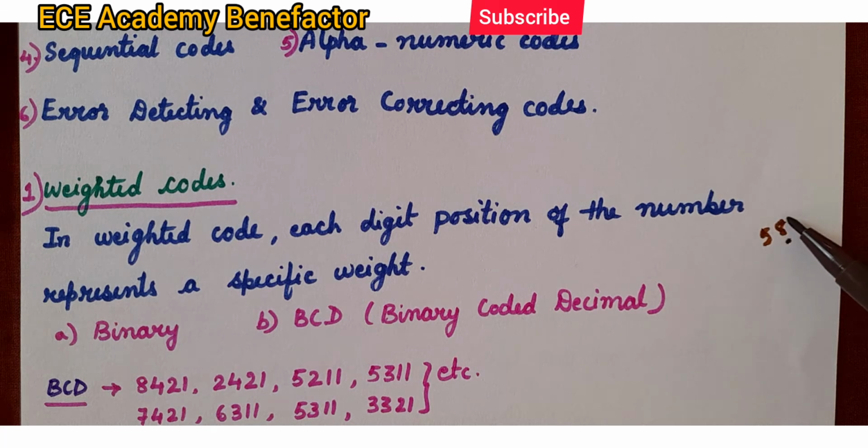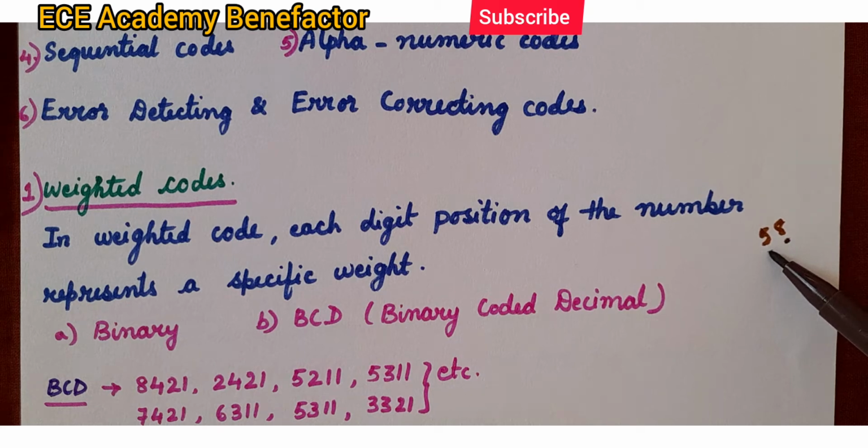Its weight is 8. So 58 is a number and 8 is a digit, and the digit position weight is 8 here, and here this digit is 5 and its weight is 5. So in weighted code, each digit position has a specific weight.